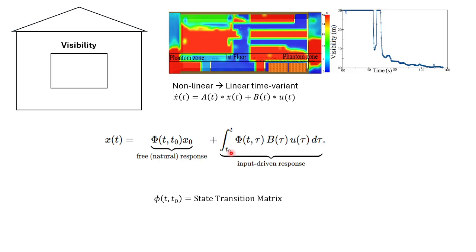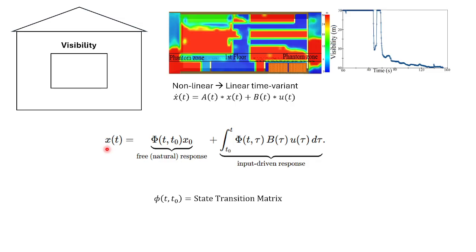And when you integrate it from t naught to t, we get the summation of all those contributions over all the time. So that's what this whole thing means, basically the overall contribution of the input driven response. And that's why we're integrating, and that's how we have each of these terms written in this certain order.